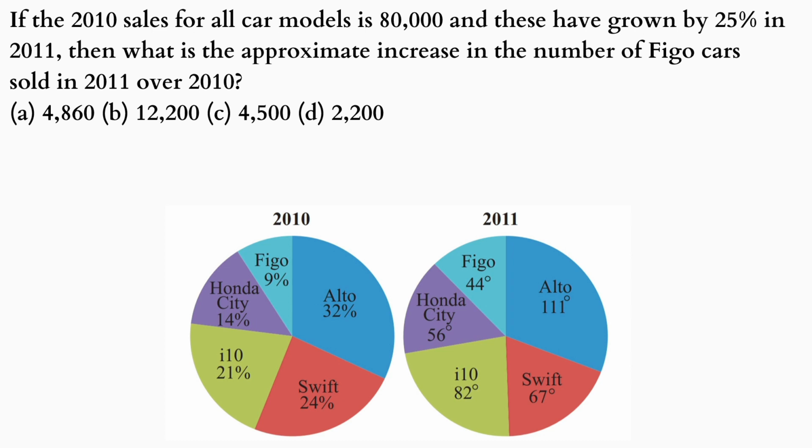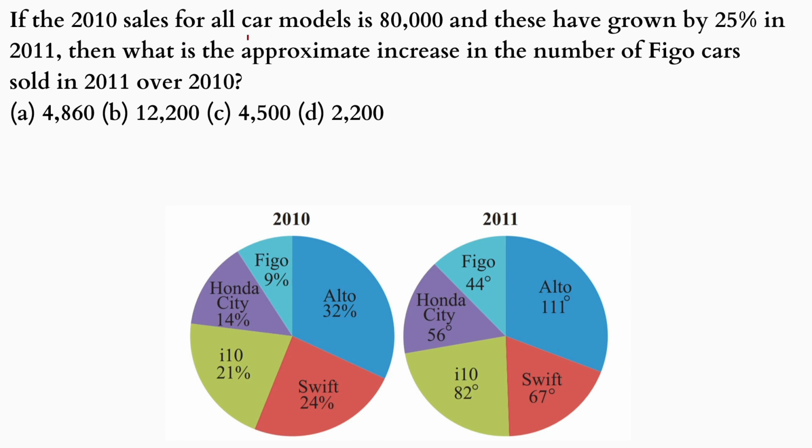So if the 2010 sales for all car models is 80,000 and these have grown by 25% in 2011, then what is the approximate increase in the number of Figo cars sold in 2011 over 2010? See what is given here.